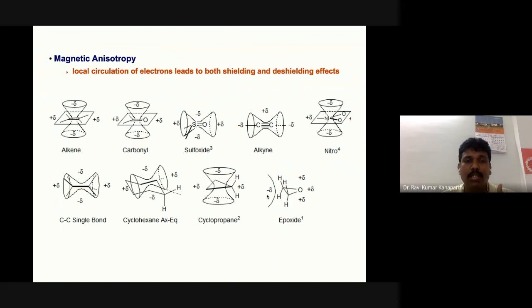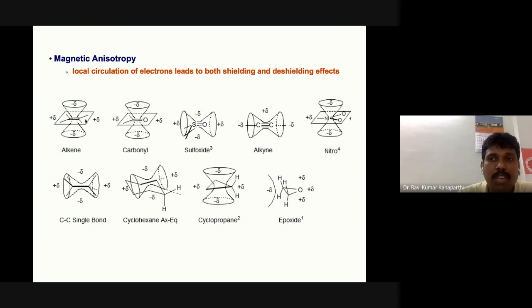Based on this anisotropic effect, the molecules are drawn in different ways. One is this type of plane and cone regions; people started writing about it. You can take the pi system, which is a planar molecule. That is the reason we keep them as pi.